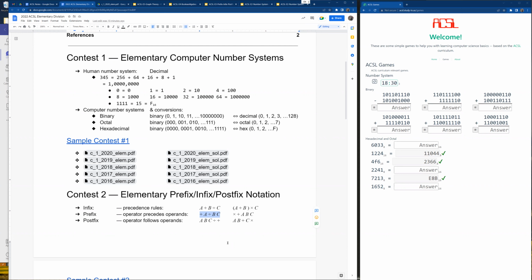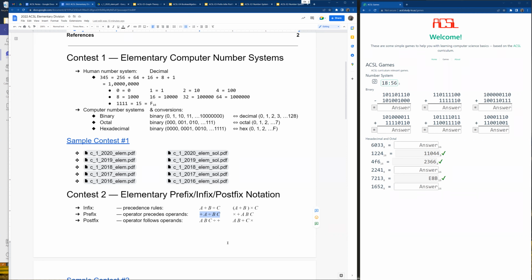So it'll have to put the other part aside for now and do that first, because it always has to have an operator followed by two operands to do that operation. So it will do B divided by C first.